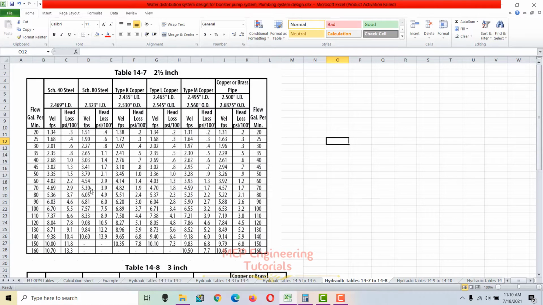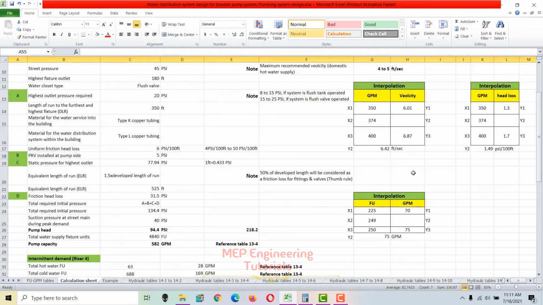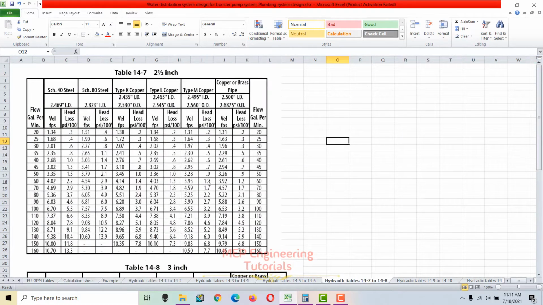If you see, at 70 we have 4.70 velocity, and at 80 we have 5.37.